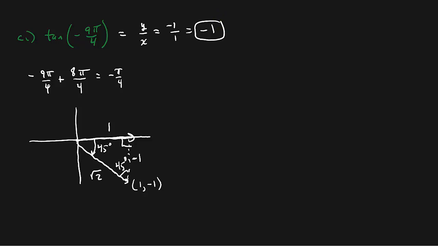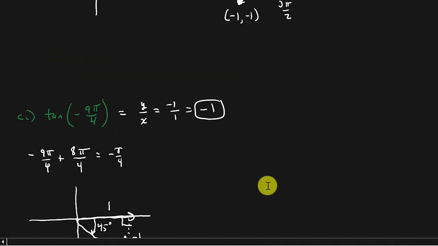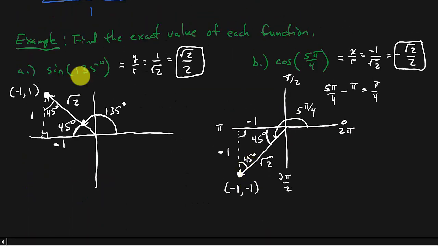Like I said, you're not going to be finding the exact values of these trig functions like this as you get into the trig class. You're going to know that the sine and cosine of 45 degrees is square root of 2 over 2. If you have something like 135 degrees or 5 pi over 4, you're going to use what we call reference angles.